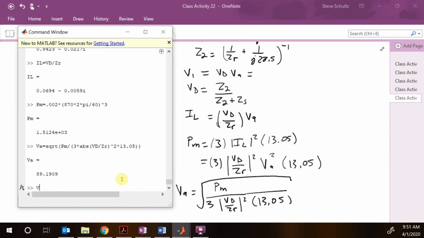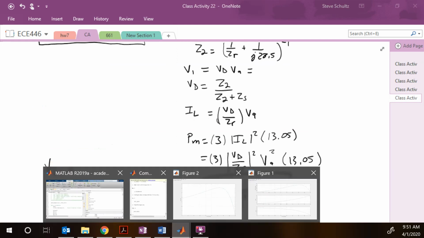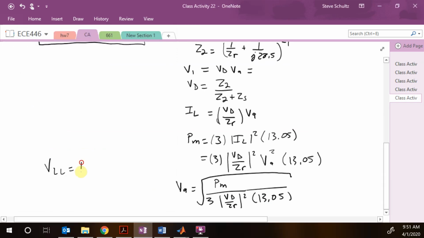So V line to line is equal to VA times the square root of 3. So 154.5. So our V line to line is 154.5 VRMS, and then we are done. That is our answer.